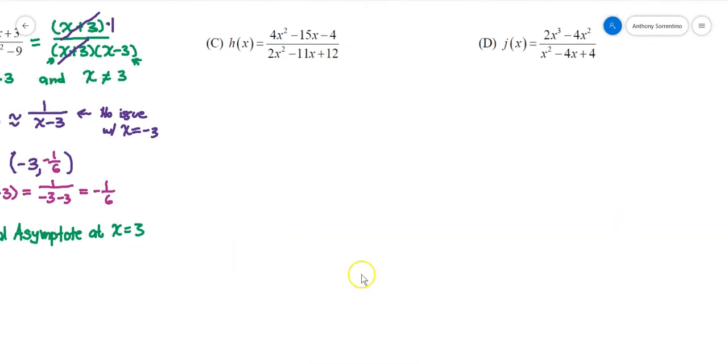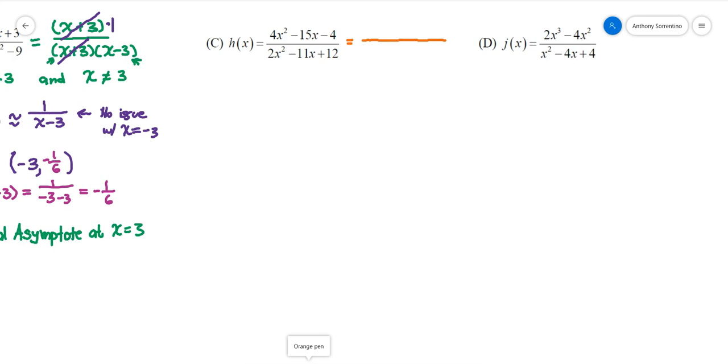So for this one, let's have you do a little work here. In C, what are the domain restrictions for C? Well, as before, to find domain restrictions, it's usually a good idea to factor the top and bottom. Now these are going to be factorable. You may want to use the AC method.